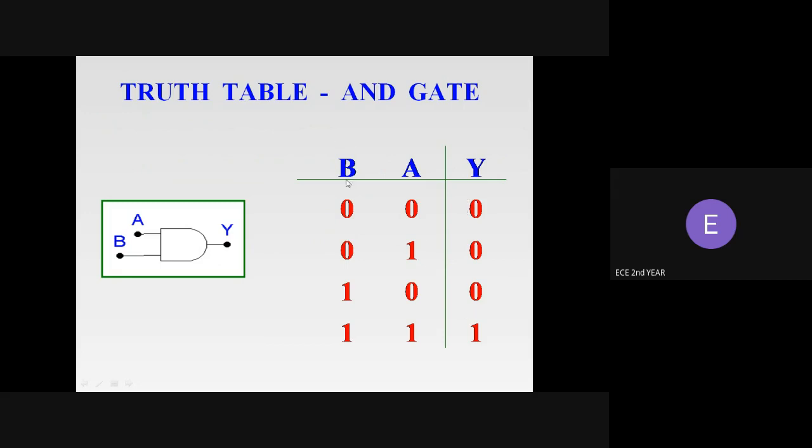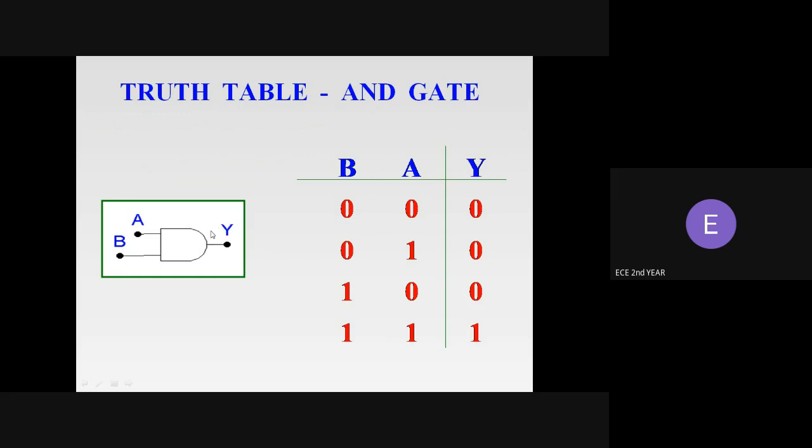The function of AND gate is nothing but simply the multiplication of the two inputs. When the two inputs are high, we will be having the output. When any one of the inputs is zero, we will be having the zero output. So this is simply called Y equal to A dot B, which is the Boolean expression for this particular gate.